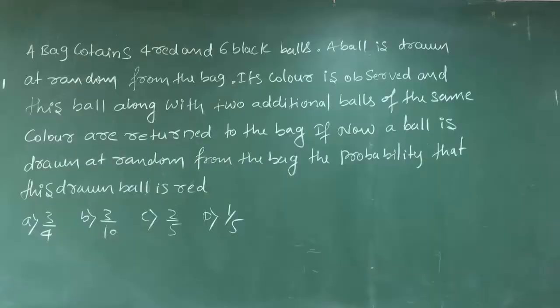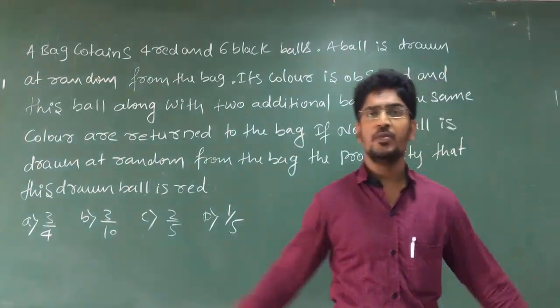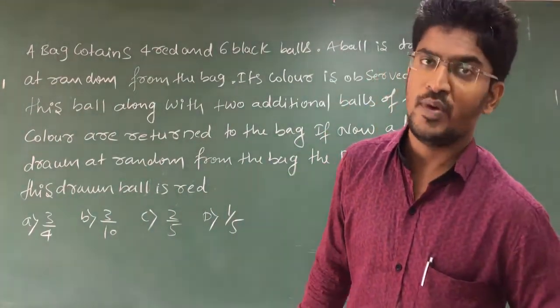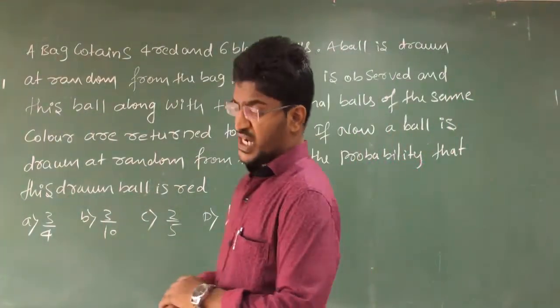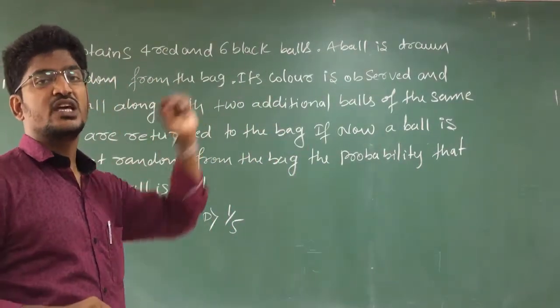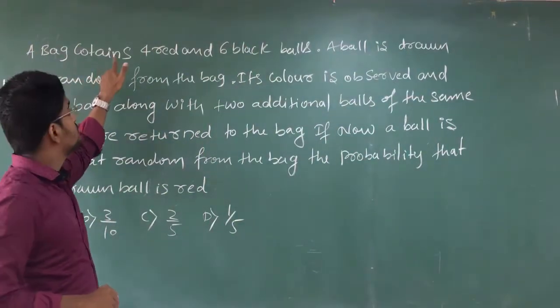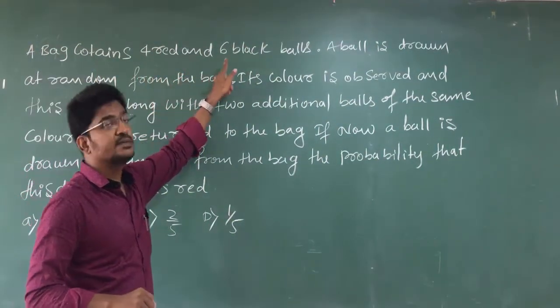Clear? Okay students. So next let us move to the next problem, that is from probability. Let us read this problem carefully and understand what the question is. A bag contains 4 red and 6 black balls.